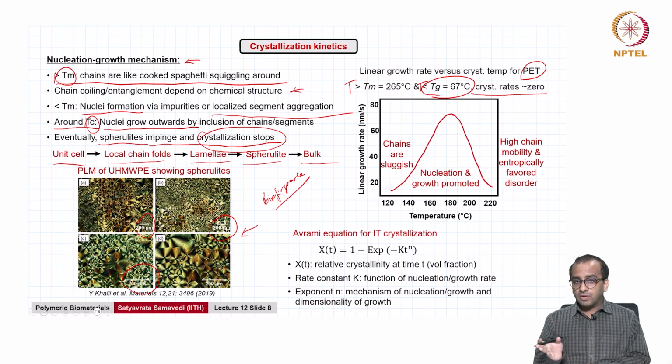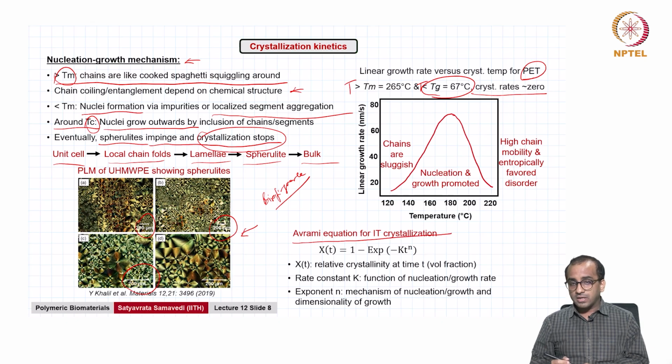Another important idea related to crystallization is to ask, can we now use a mathematical equation to represent crystallization? And a very famous equation that you will find very often is called the Avrami equation, and this is used for isothermal crystallization, where the volume fraction of crystallinity at any time t is given by this equation, where there are two factors here, one is k and one is n.